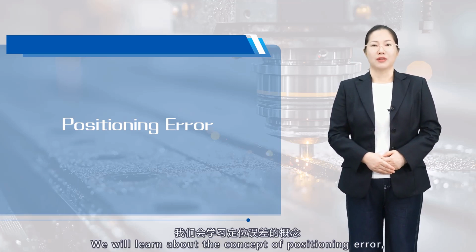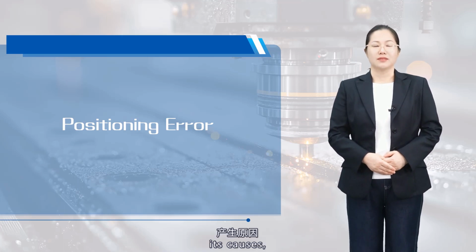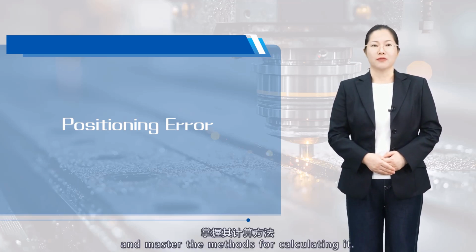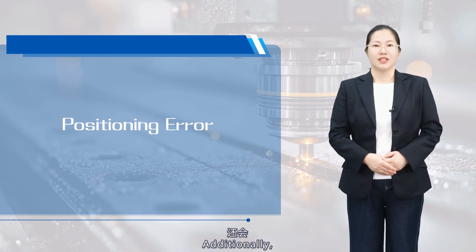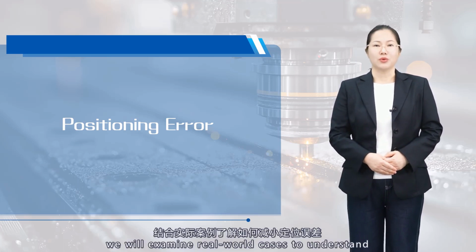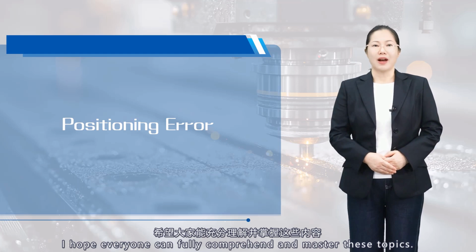We will learn about the concept of positioning error, its causes, and master the methods for calculating it. Additionally, we will examine real-world cases to understand how to minimize positioning error. I hope everyone can fully comprehend and master these topics.